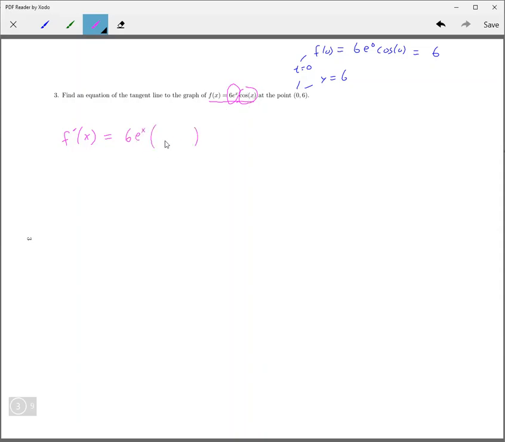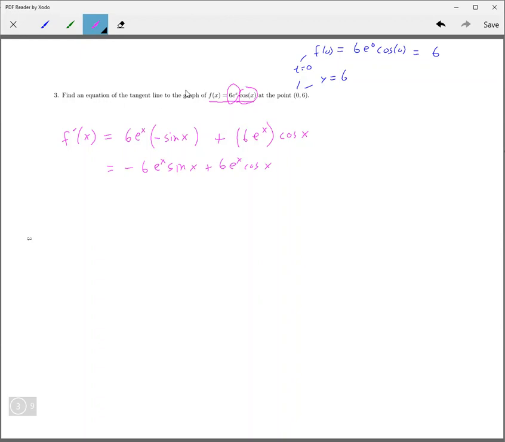The derivative of cosine is negative sine. Plus the derivative of the first one, which is 6 e to the x, times the second one. Like that. So f prime of x is negative 6 e to the x sine x plus 6 e to the x cosine x.